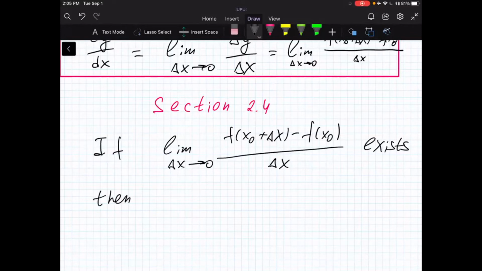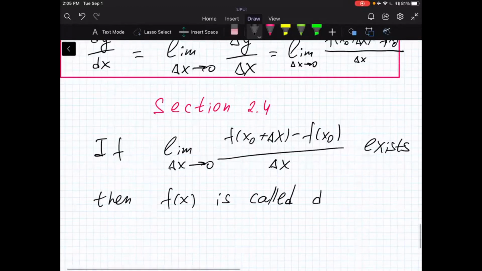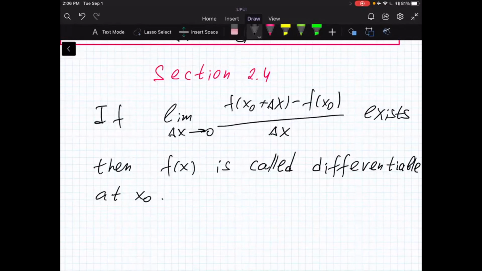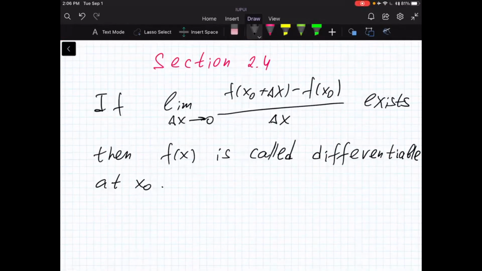then f of x is called differentiable at x naught, and if it exists at every point in the interval AB, then f of x is differentiable in the whole interval.